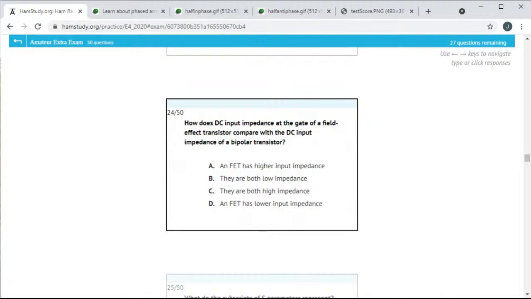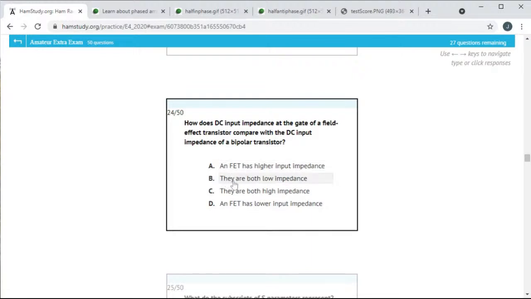How does DC input impedance at the gate of a field effect transistor compare to the DC input impedance of a bipolar transistor? A, a FET has a higher input impedance. A FET is the field effect transistor.